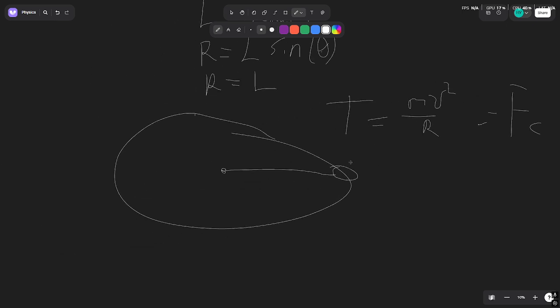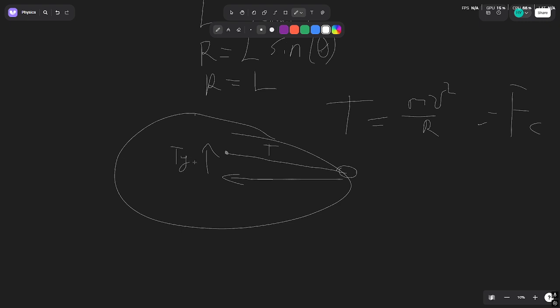However, there are also some new forces. Let me show it to you. This is tangent, like total tangent of this string.